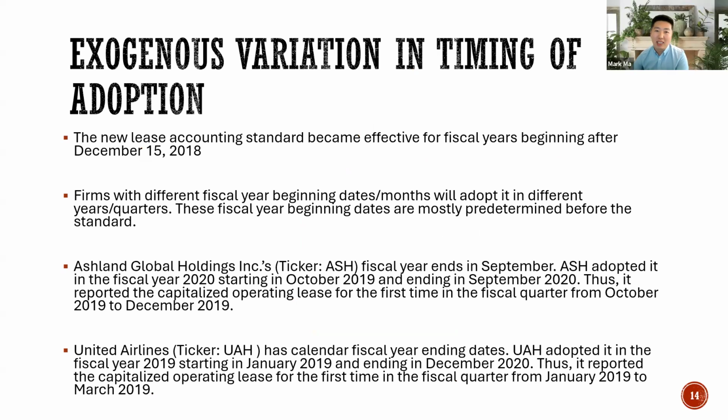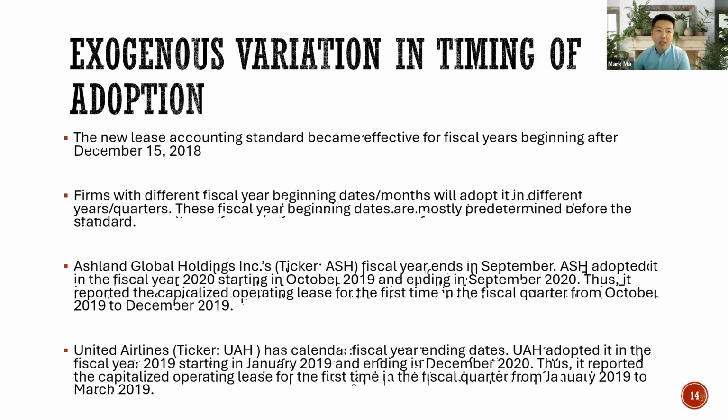That's because the new lease accounting standard became effective for fiscal years beginning after December 15, 2018. Depending on when the firm's fiscal year ending month is, they will adopt it in different fiscal years. And what's important is these fiscal year ending months were predetermined a long time ago, mostly before the lease standard. So therefore we believe there is some exogenous variation in the timing of the adoption.